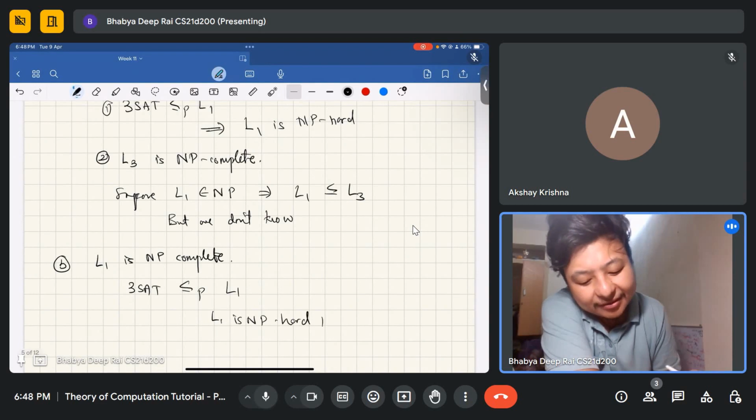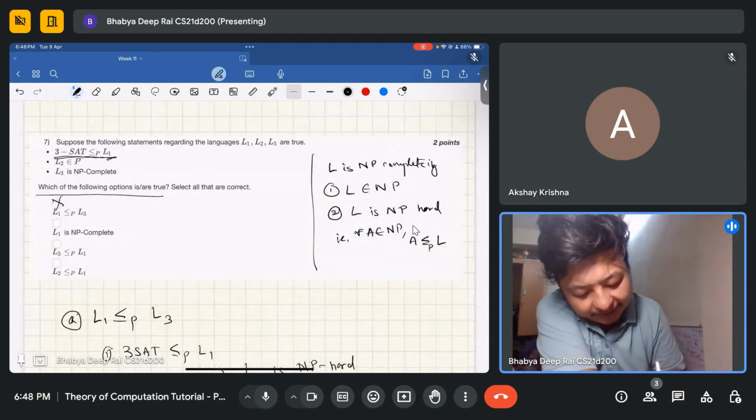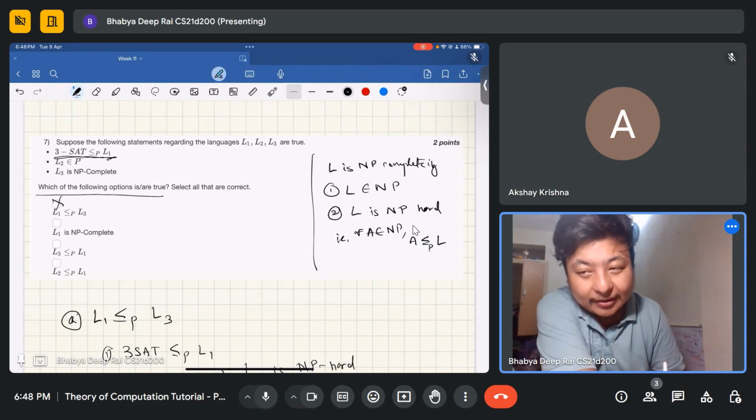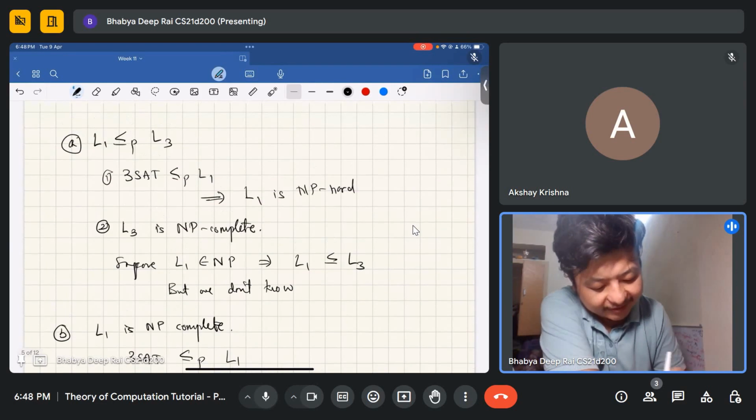But is it NP-complete? We don't know. In order for L1 to be NP-complete, it needs to be in NP itself. So this we don't know.